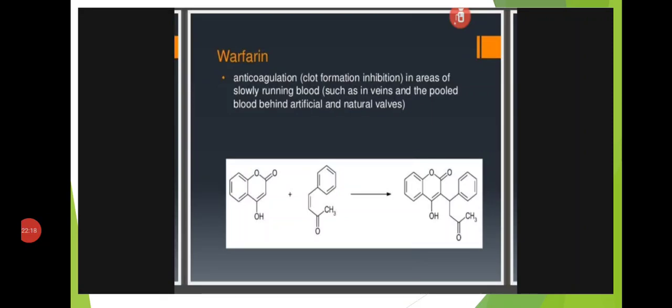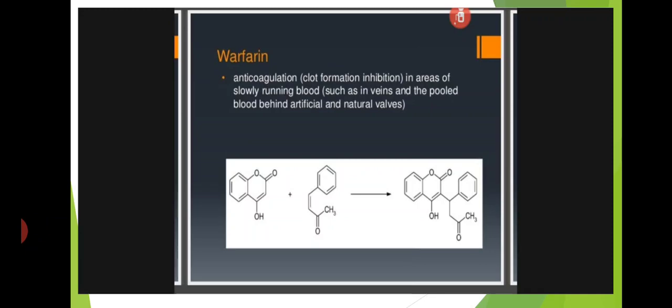Next is warfarin. Warfarin is an anticoagulant in areas of slowly running blood, such as in veins and the pooled blood behind artificial and natural valves. Another drug is warfarin.